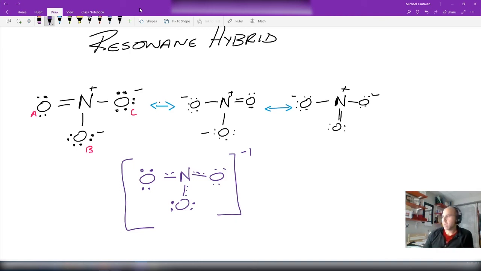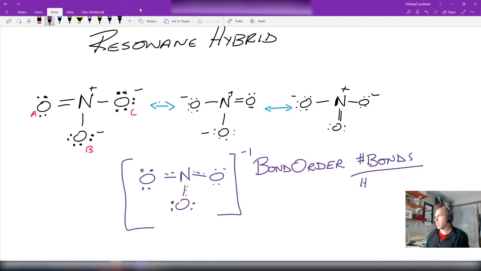Now my question is, what types of bonds are these now? One and a third. So when we're talking about whether it's a single bond or a double bond or a triple bond, we refer to that as the bond order. And the way we calculate that is we say, what's the number of bonds that there are, and we divide that by how many?